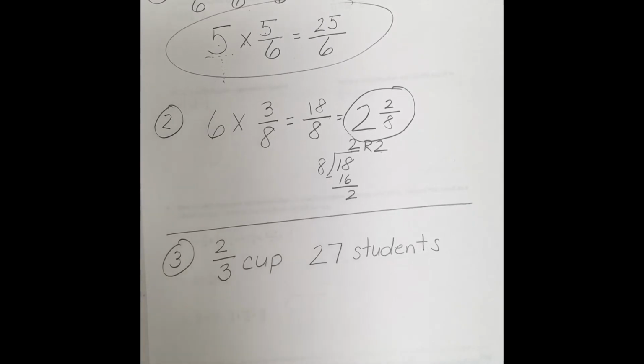If a box of cereal contained 16 cups, how many boxes of cereal were needed?